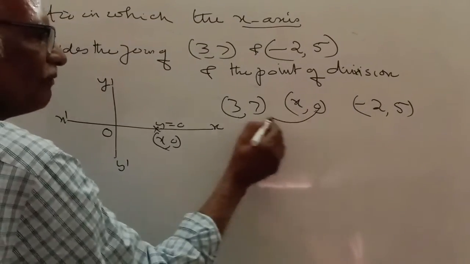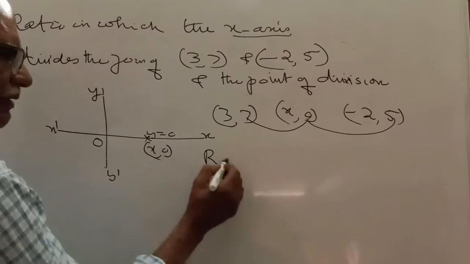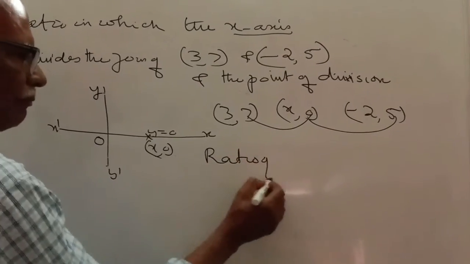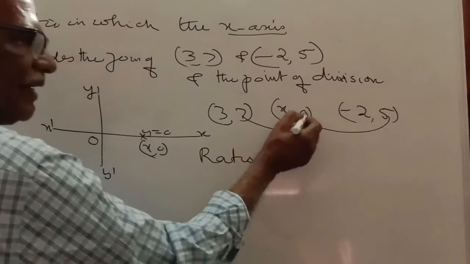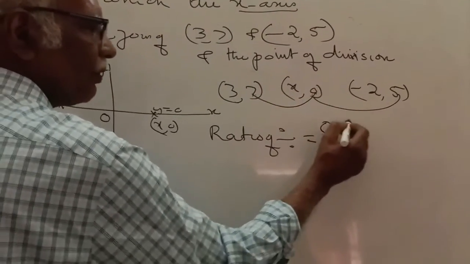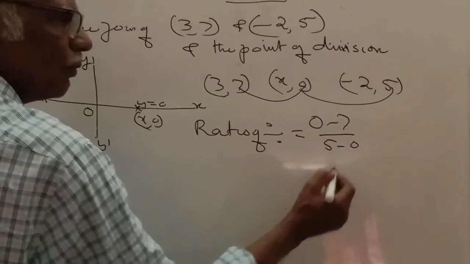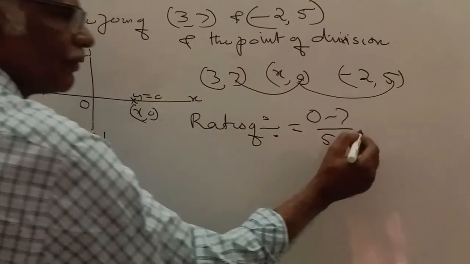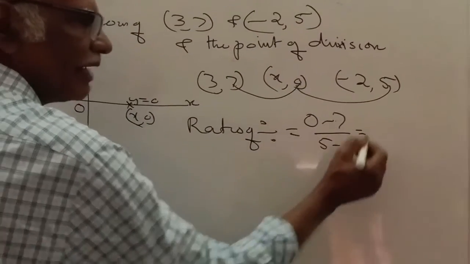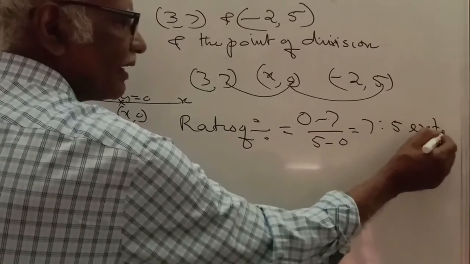Now the ratio of division will come from here. The ratio of division equals the y difference, (0 minus 7) by (5 minus 0). It is minus 7 by 5, or 7 by 5 external.